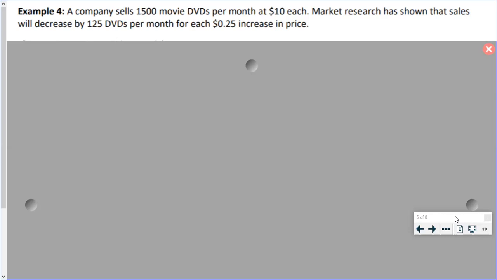This can easily be used in terms of stock prices.